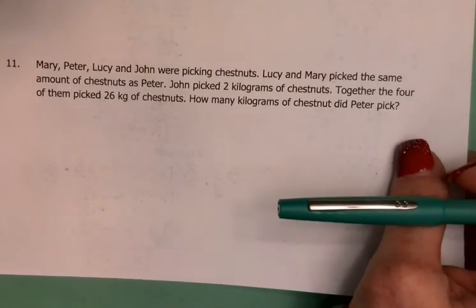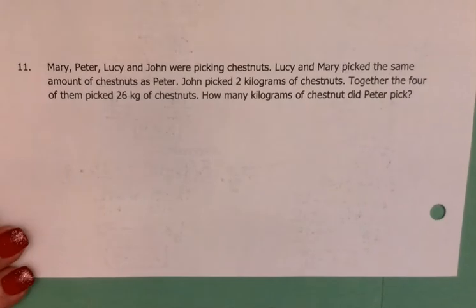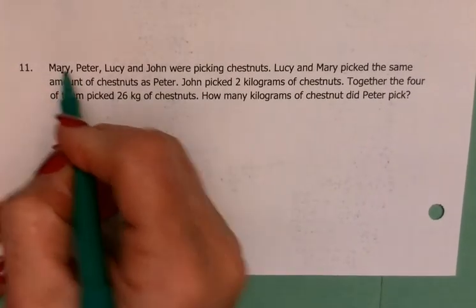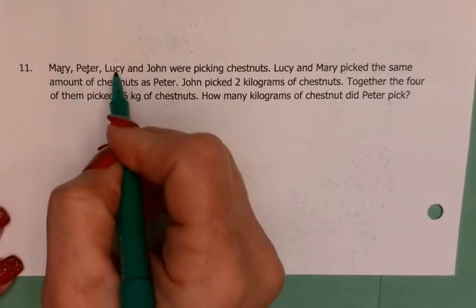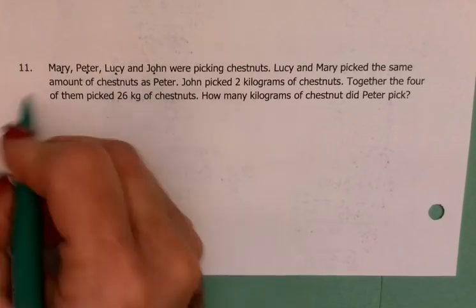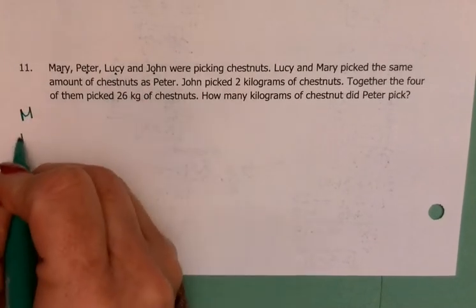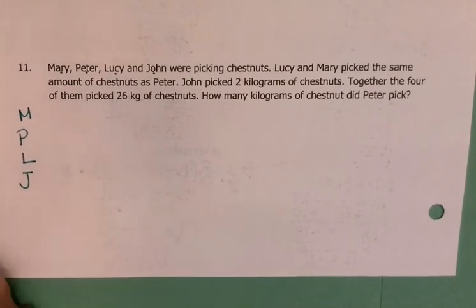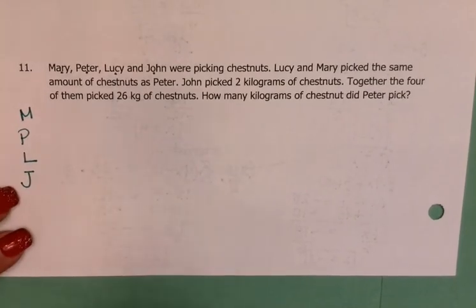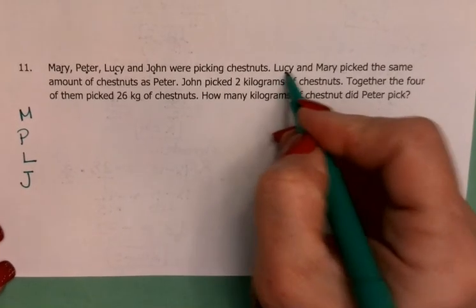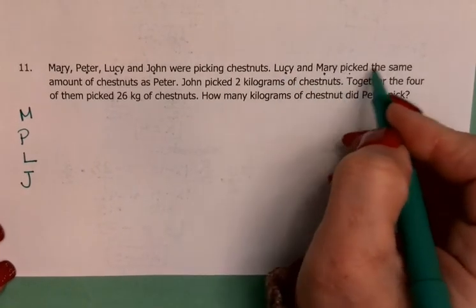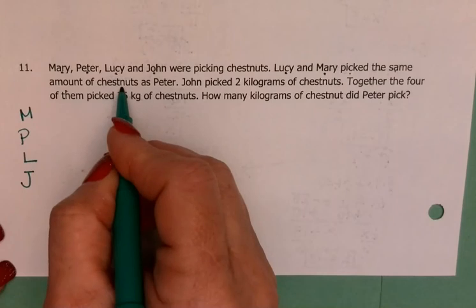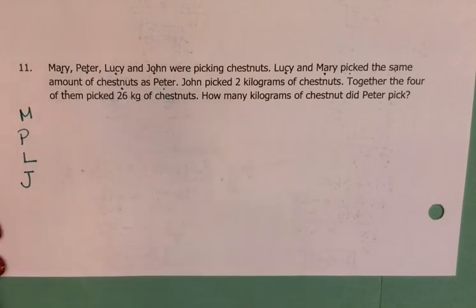Number 11, last problem. We're almost done. We have Mary, we have Peter, we have Lucy, and we have John. So Mary, Peter, Lucy, and John. All 4 are picking chestnuts. It says Lucy and Mary picked the same amount of chestnuts as Peter.